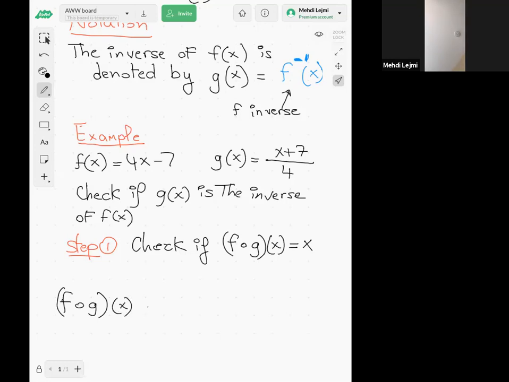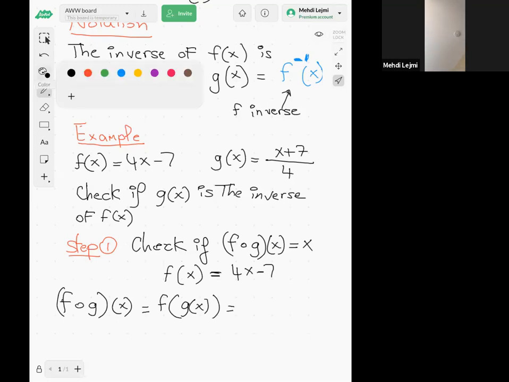By definition, this is f of g of x. Let me write down f of x, and then substitute x by g of x. My f of x is 4x minus 7. As you can see, guys, I have an x in here, so I need to replace x by this g of x.